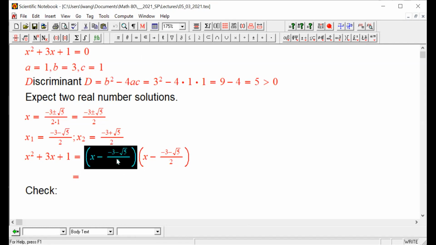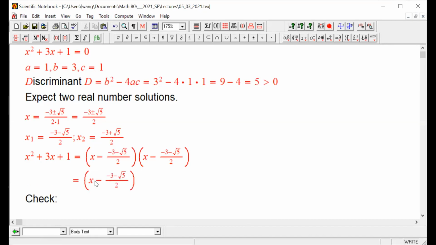In the first parentheses, we're going to apply the negative sign to the numerator. As a result, we're going to get x plus 3/2 plus √5 over 2. Just distribute the negative sign to this fraction.